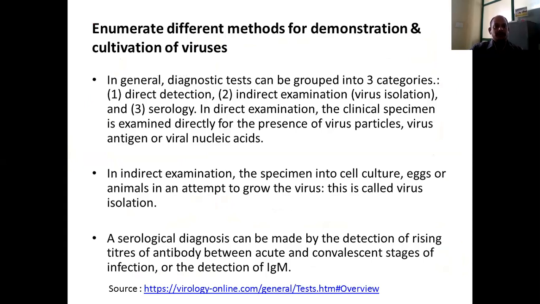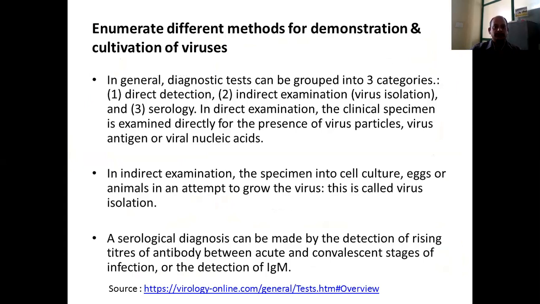Next is to enumerate different methods for demonstration and cultivation of viruses. In general, diagnostics can be grouped into three important categories: direct detection, indirect examination that includes virus isolation, and the third category, serology.